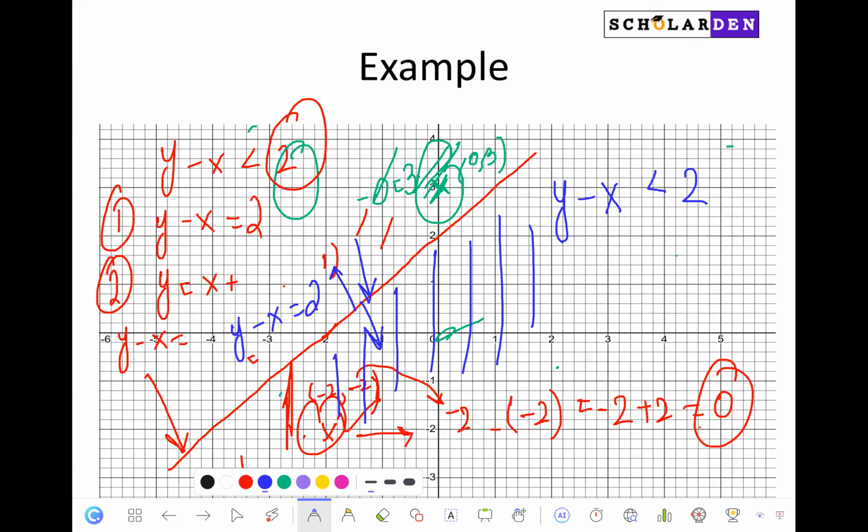Because we were supposed to find out where y minus x is not equal to 2, in fact, it is less than 2, either this region or this region is going to be a valid option. So we take any arbitrary point and plug in the value, and check whether this relationship holds.